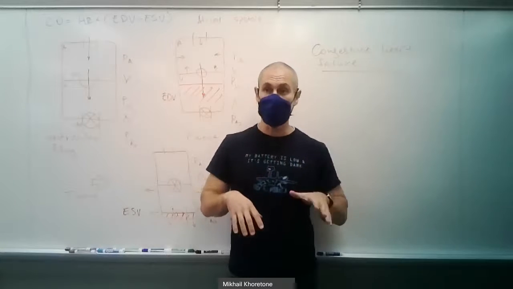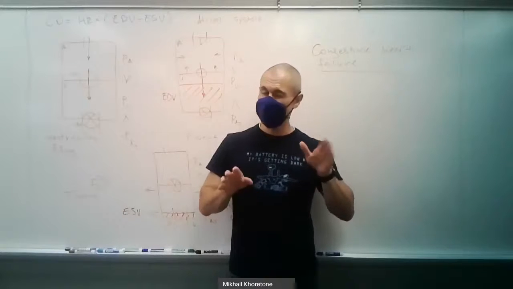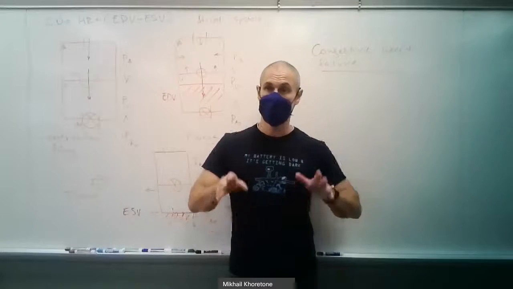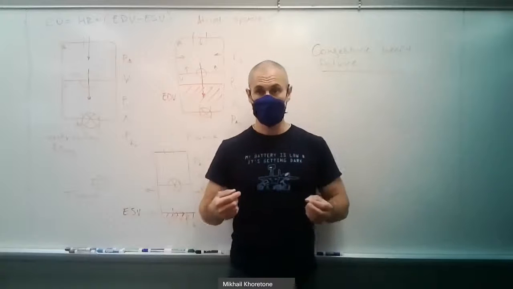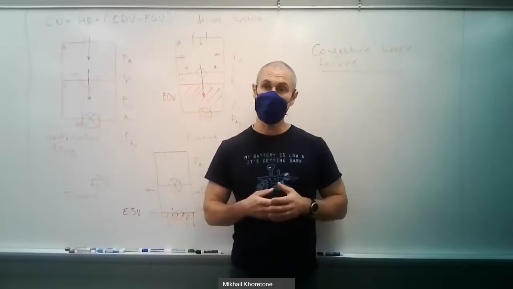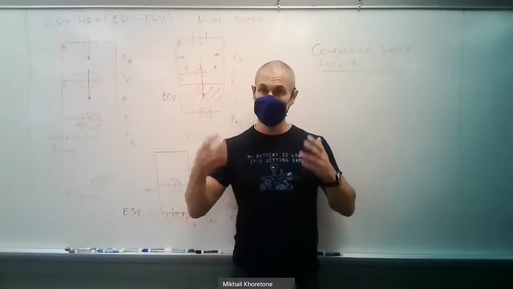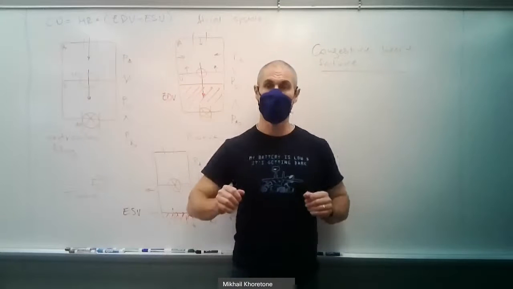But if the left side starts to pump weaker, that's not a trivial question. If one side pumps worse than the other, what's going to happen to the side that is still normal in function? What's going to happen to the blood volumes? Let's put it this way.